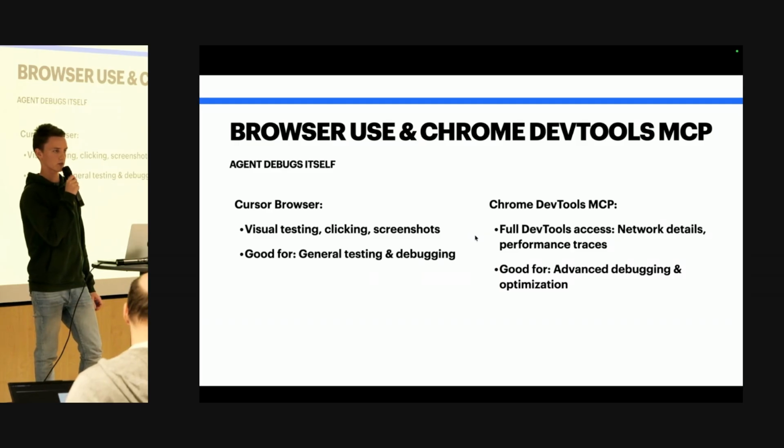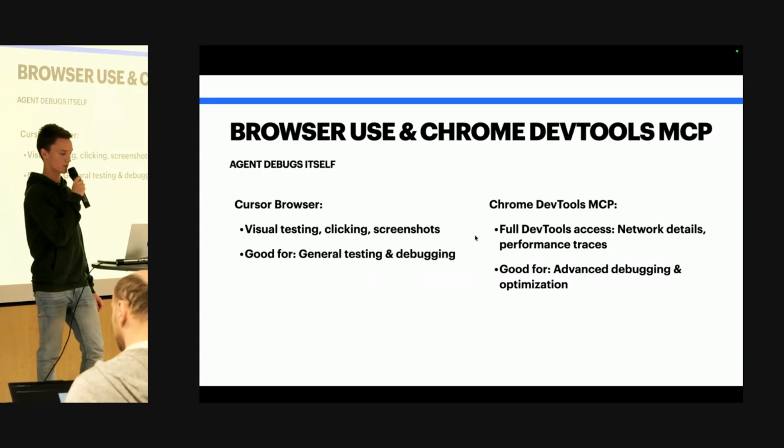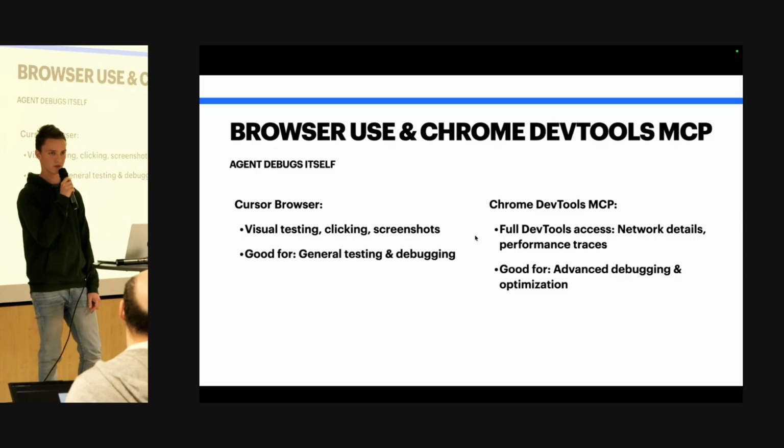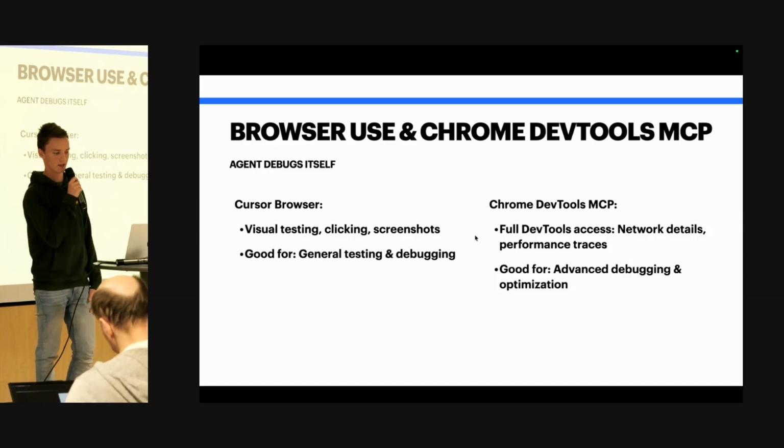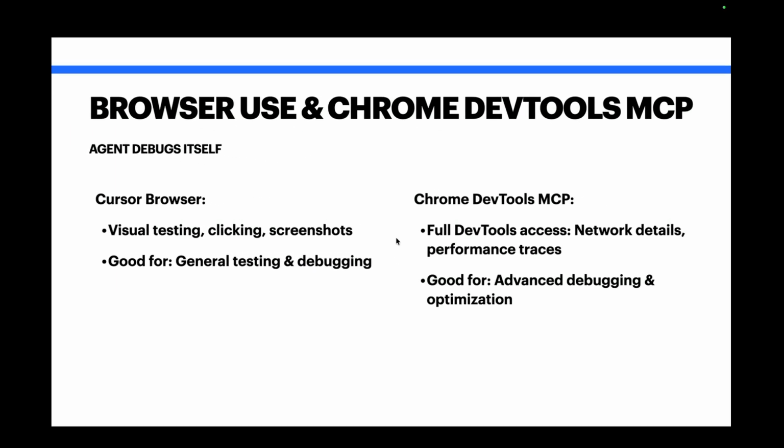So it's great to just tell the agent to go through some path and check logs or the network tab and figure out the mistake on its own. And Chrome DevTools have some exclusive features that are great in terms of advanced front-end development.